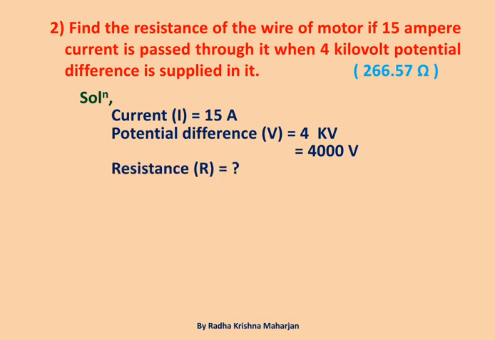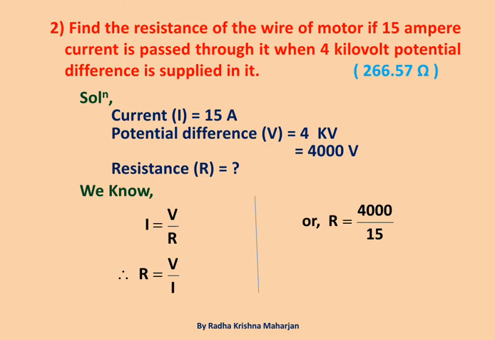Resistance R equals what? We know I equals V upon R. Therefore, R equals V upon I, or R equals 4000 upon 15. Therefore, R equals 266.57 ohm.